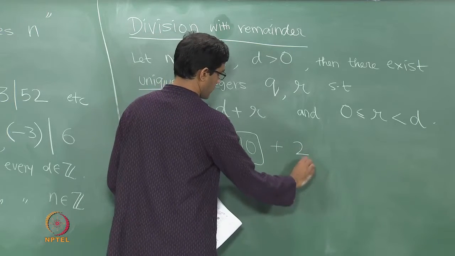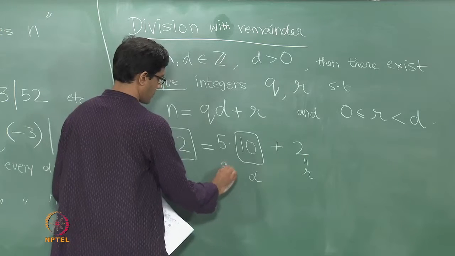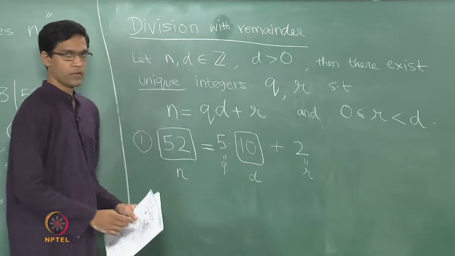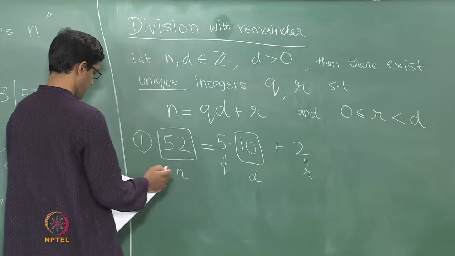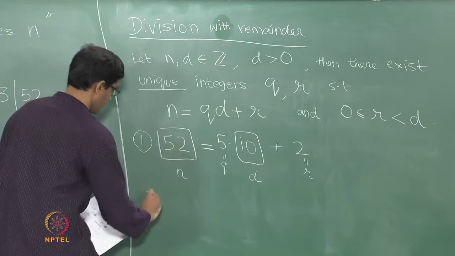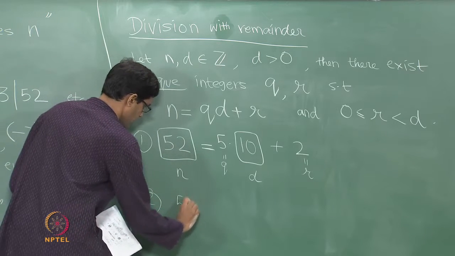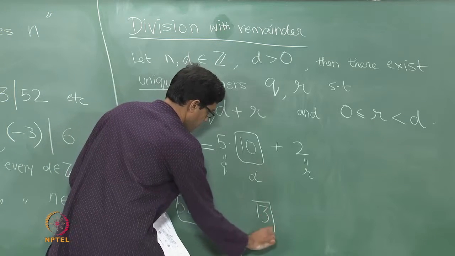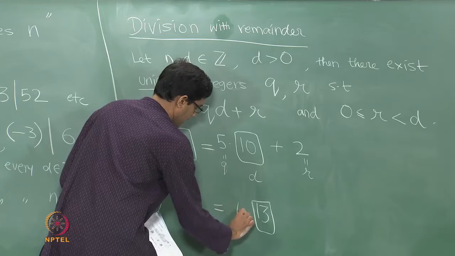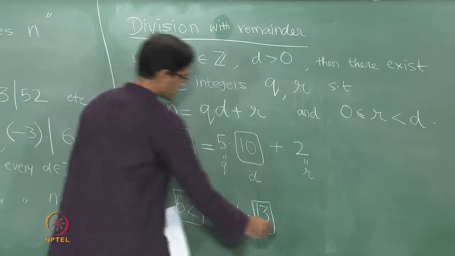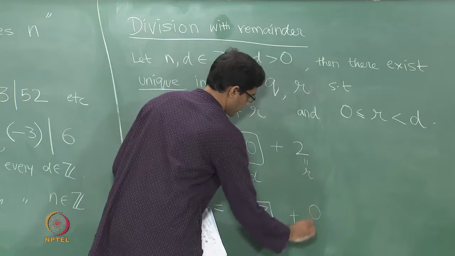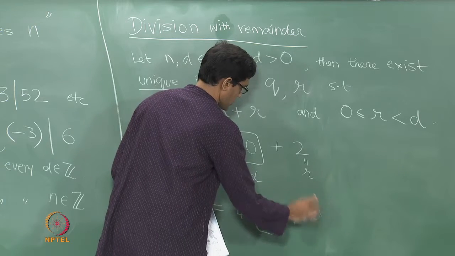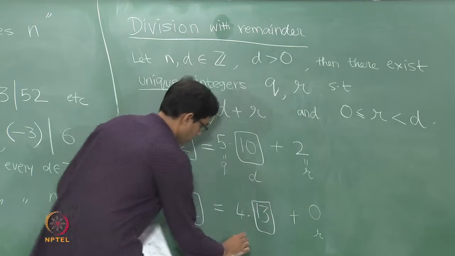So that is the remainder R, and the quotient is 5. Similarly, if I take the number 52 and try to divide it by the number 13, in this case it divides exactly. So it is 4 times 13 plus no remainder. So the remainder R is 0, and the quotient is 4.